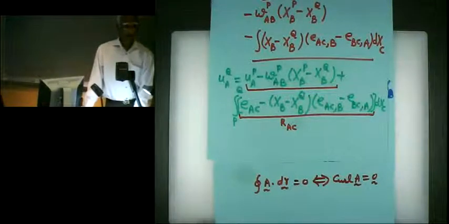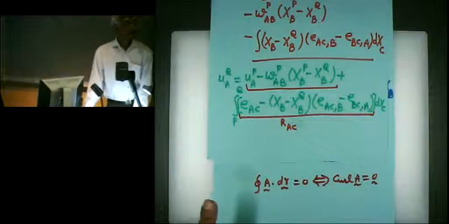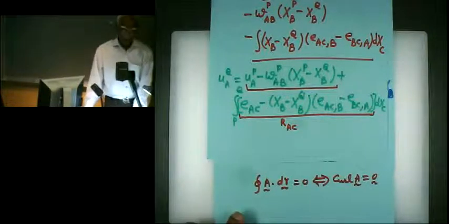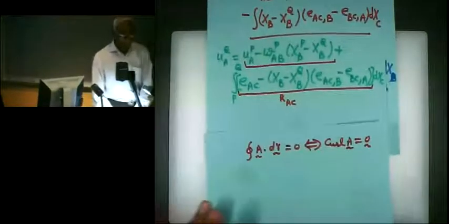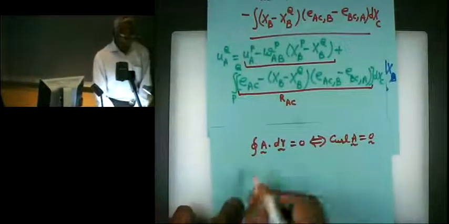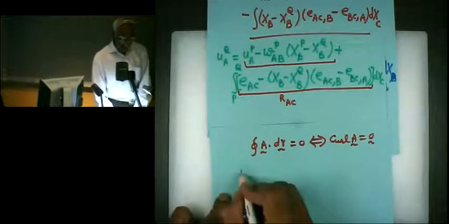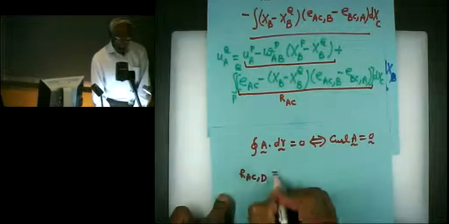Please give me 2-3 more minutes, otherwise we have to start all over again. So curl of A being 0 means A_C,D should equal A_D,C.